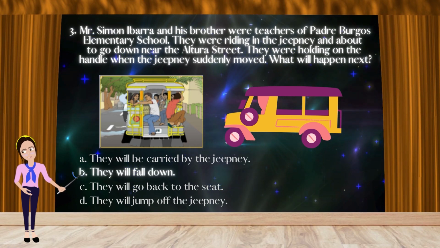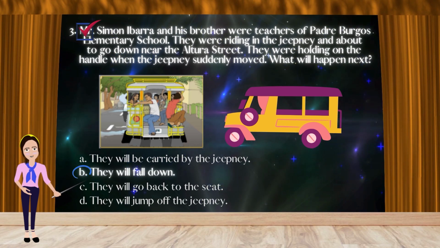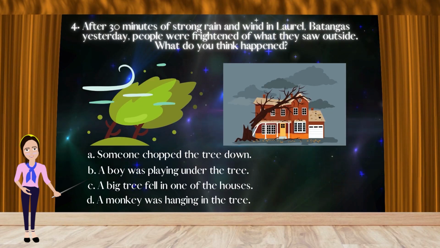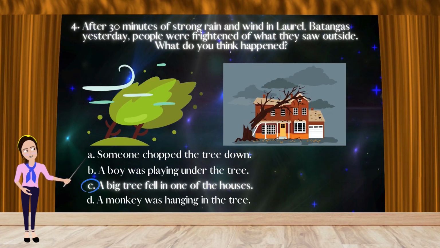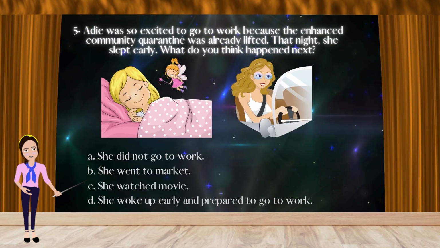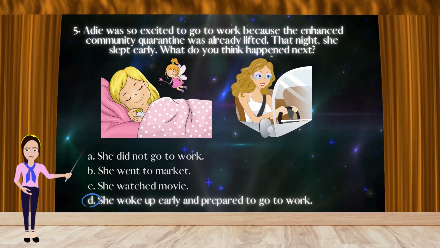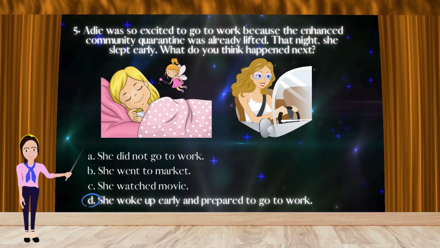Number 3, the answer is B. They will fall down. Number 4, the correct answer is letter C. A big tree fell in one of the houses. And number 5, the answer is letter D. She woke up early and prepared to go to work.